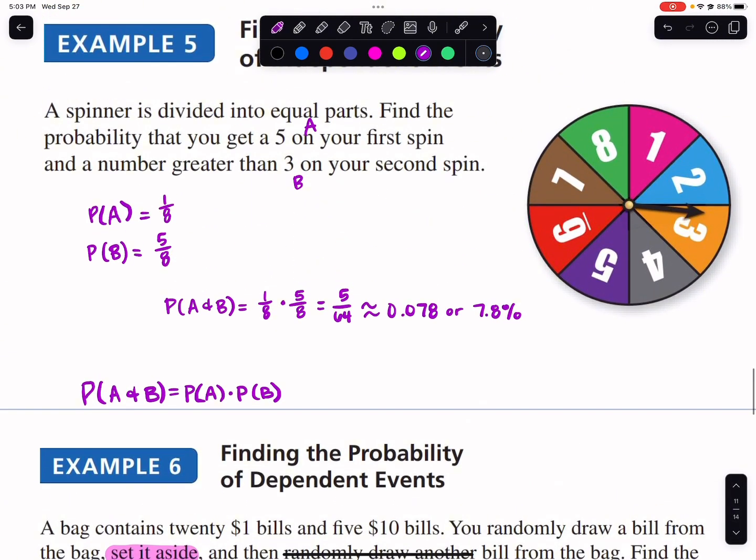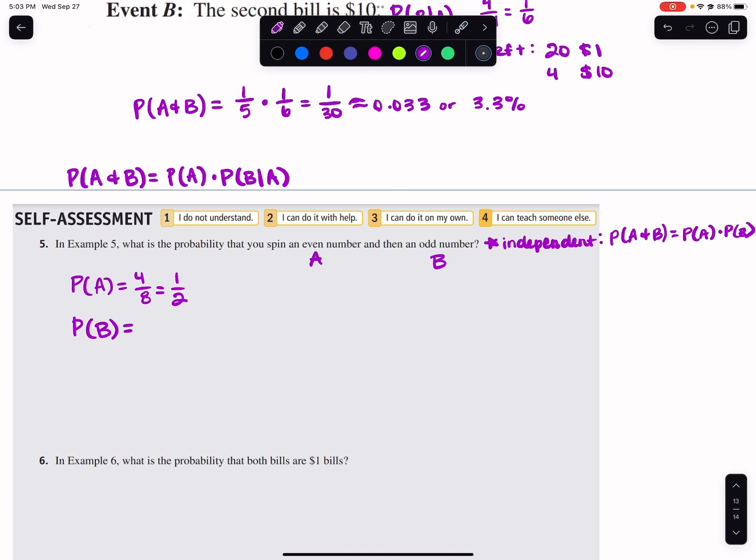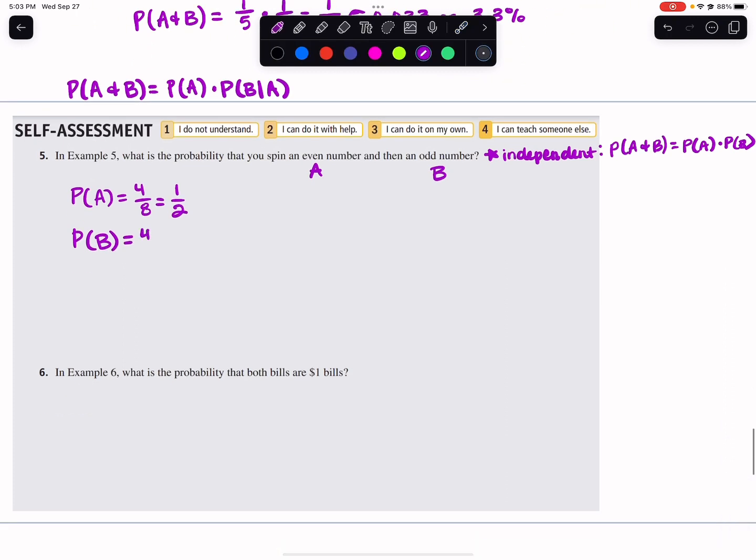Hopefully you don't have to look at the spinner, but just in case, that's 1, 2, 3, 4 odd numbers. So another 4 over 8, which is 1 over 2. The probability of both, I'm going to multiply P of A times P of B. So 1 over 2 times 1 over 2 is 1 over 4, which is 0.25 or 25%.